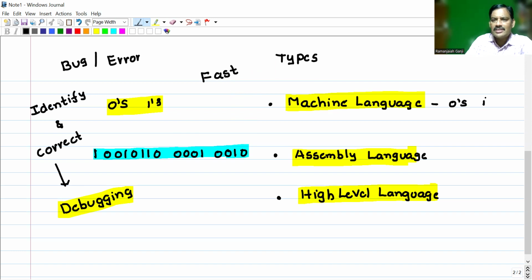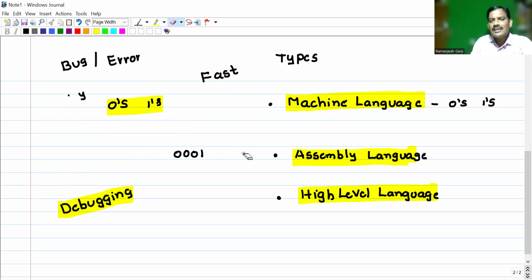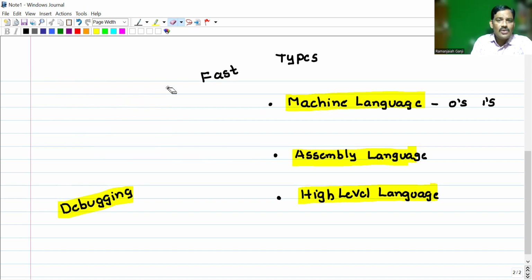It consists of zeros and ones, what you call binary codes. Any instruction or statement needs to be written using only zeros and ones. It is very difficult for us to read, write, and execute statements in the form of zeros and ones. For that reason, we go for another language, assembly language.